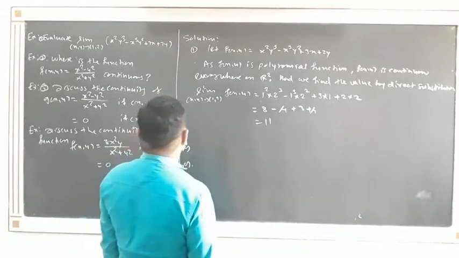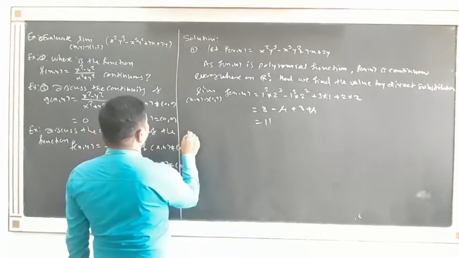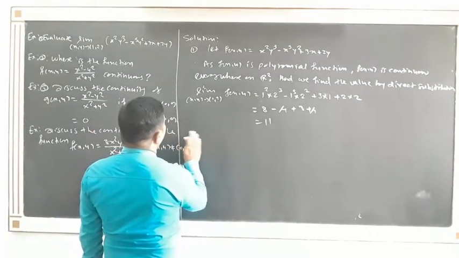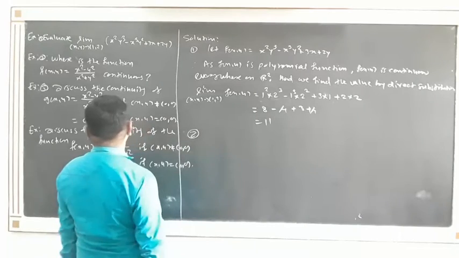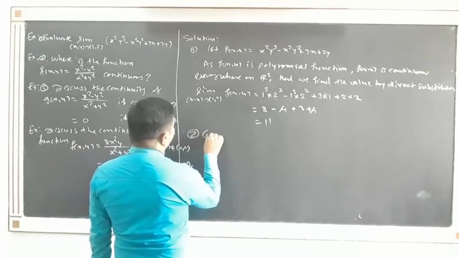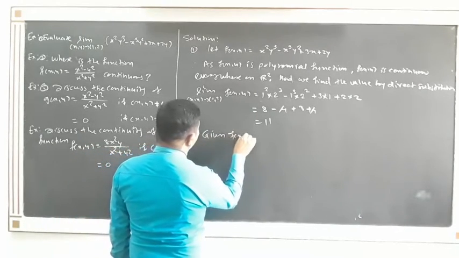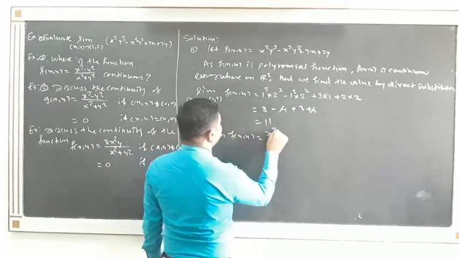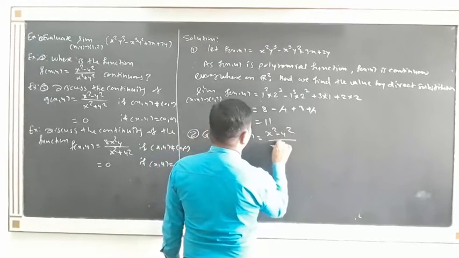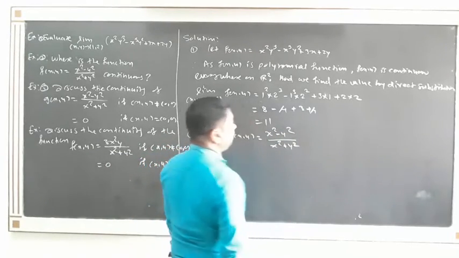Okay. So how do we solve the second one? Example second, solution second. So what is given? f of xy is equal to x square minus y square upon x square plus y square. What is it?